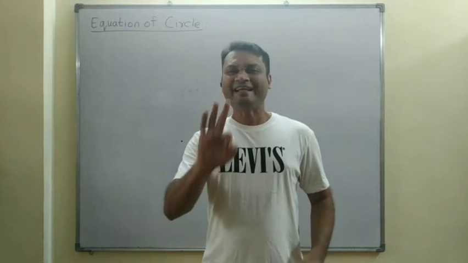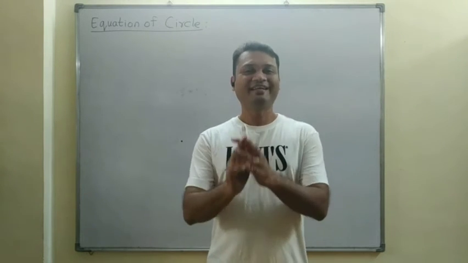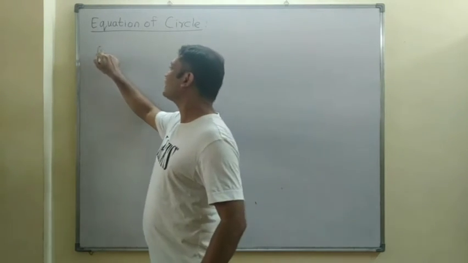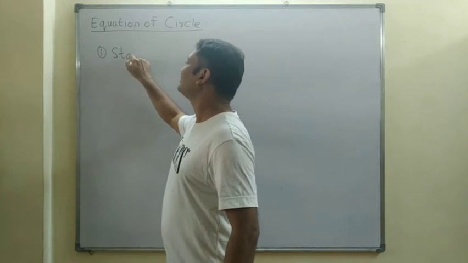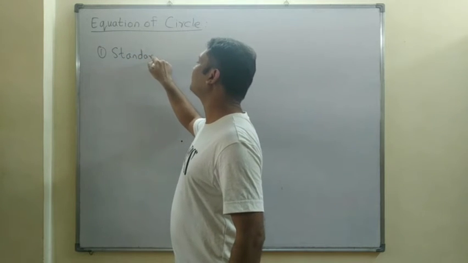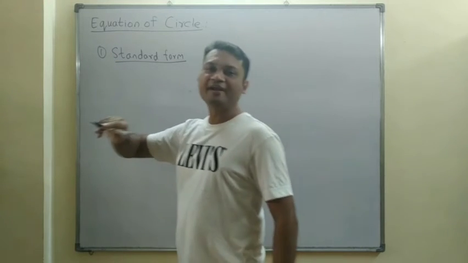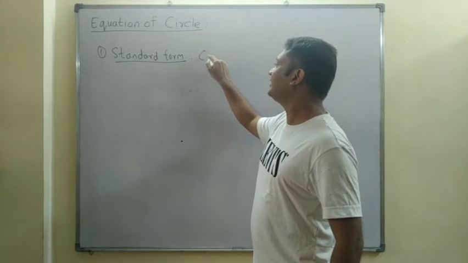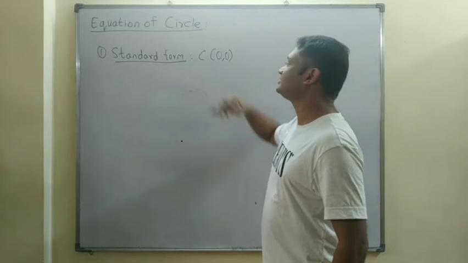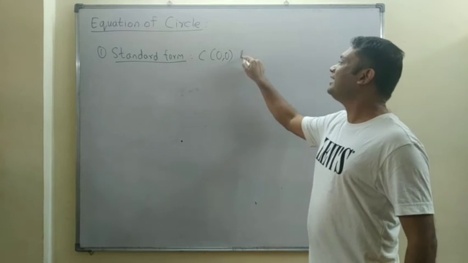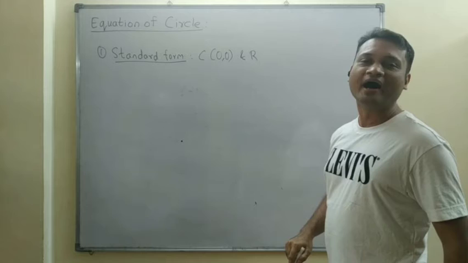We derived three equations of circle. The first equation which we derived is the standard form of circle. In standard form, we have the center as the origin (0, 0) and the radius of the circle is r.